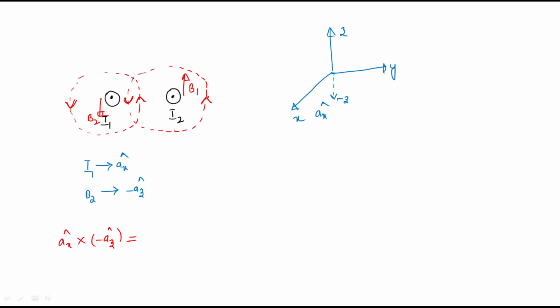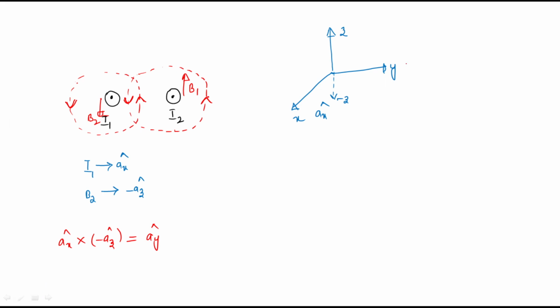We all know that az cross ax should be equal to ay, ax cross az should be equal to minus ay, but here ax cross minus az should be equal to ay cap.